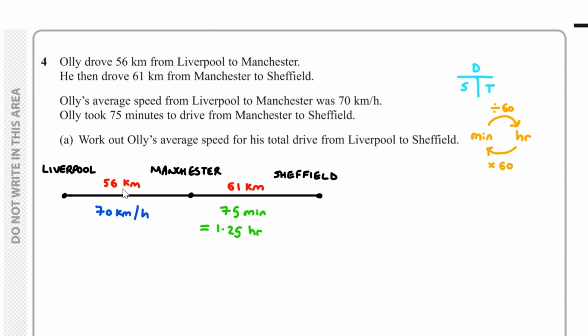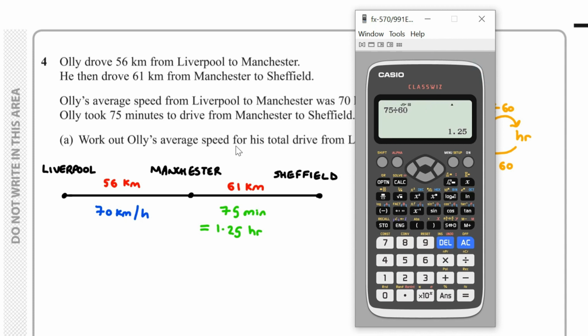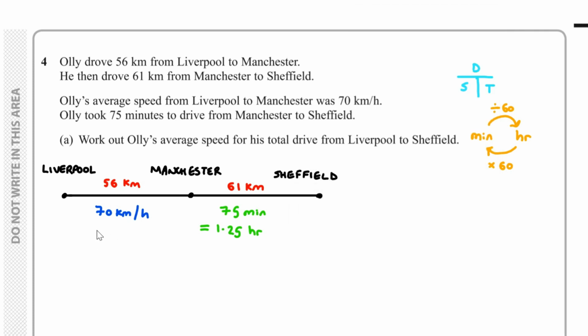So the time from Liverpool to Manchester will be the distance, 56, divided by the speed, which is 70. So it turns out here we get 0.8. So here we travelled from Liverpool to Manchester in 0.8 hours.